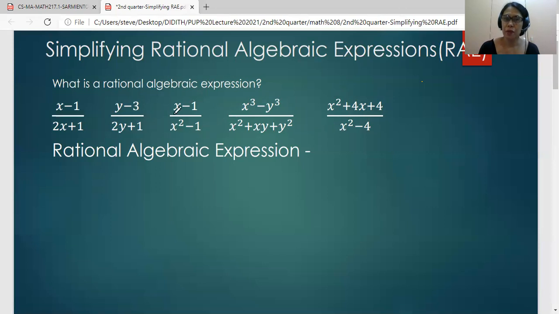With these examples, it is very clear that a rational algebraic expression is a quotient of two polynomials.